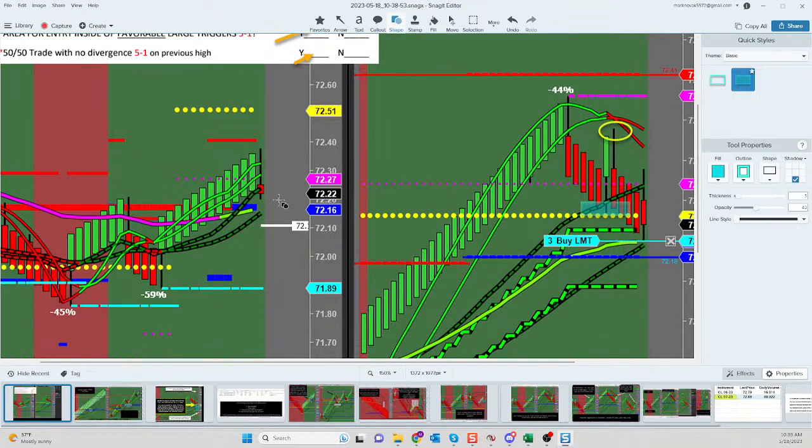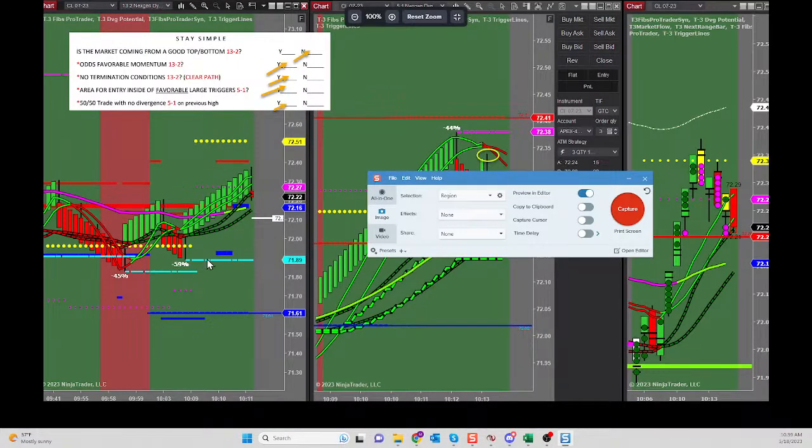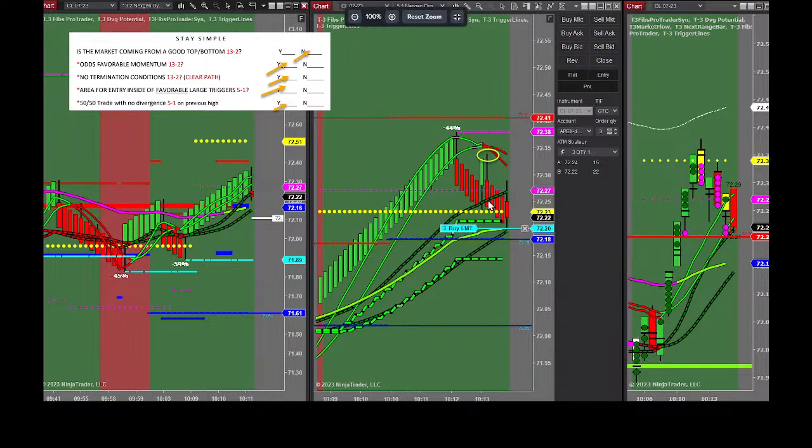And this becomes kind of sketchy. But because you're coming from a good bottom, I don't disagree. But it's a pullback with divergence. Like if divergence printed here, if something happened to negate that, cool. But this one's still in effect. But because you're coming from that strong bottom, it certainly increases the odds for success on this one.